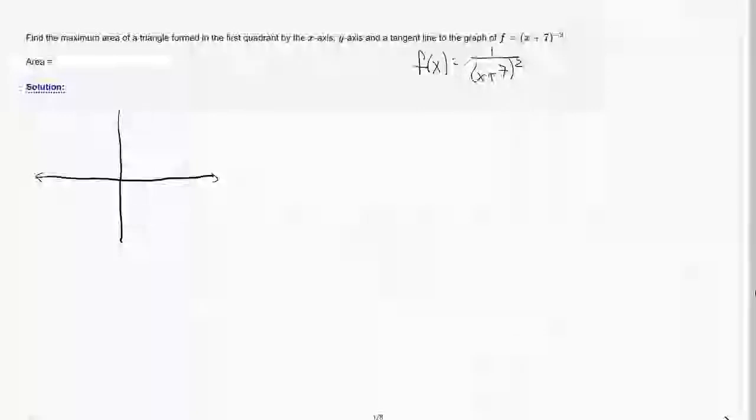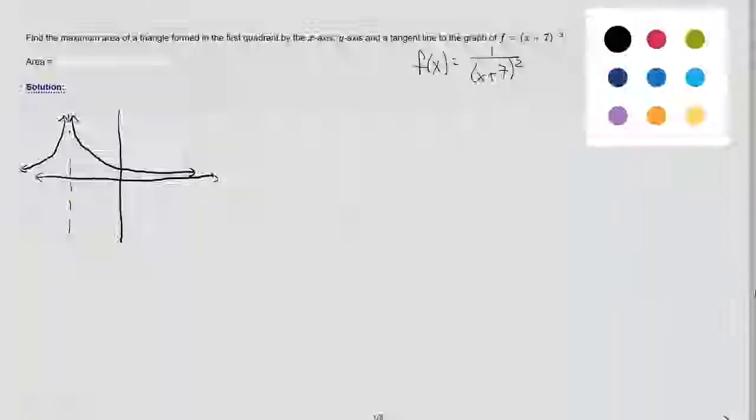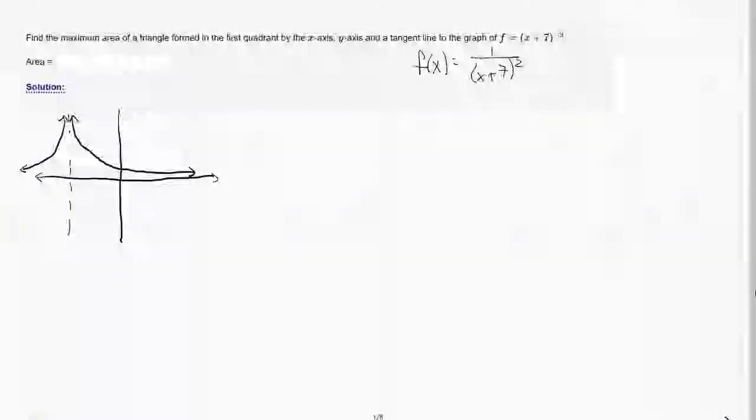So technically, if you want to draw out the full graph, you get something like this. And then the graph goes something like that there. Now, to give you a bigger picture as to what we're doing, we're basically taking some tangent line.